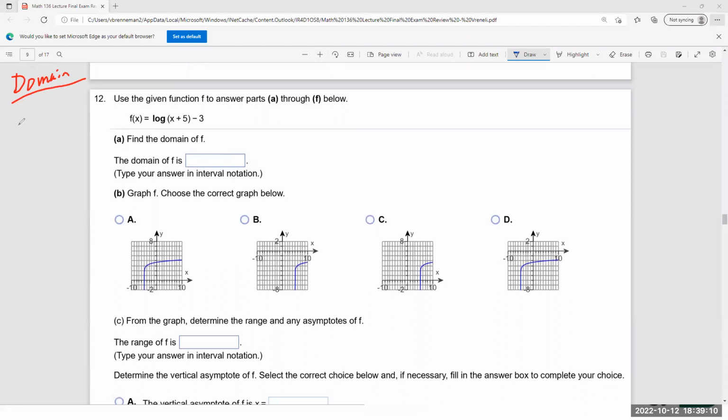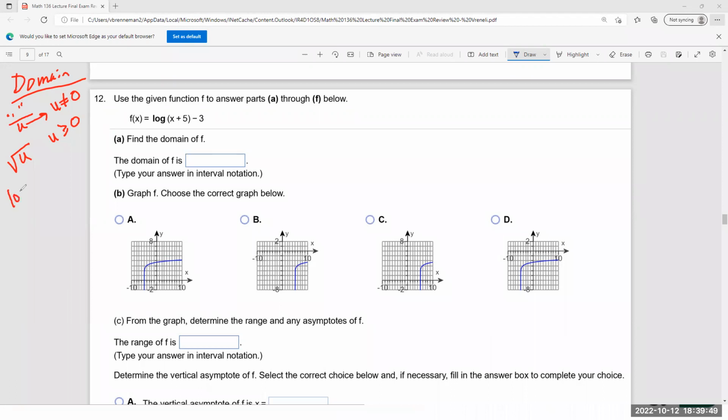If you have an expression on the denominator, then you need that to not equal 0. So that's where you'll have the not equals. If you have stuff inside of a square root, then you need whatever's inside the square root to be greater than or equal to 0. You can take the square root of 0. You can take the square root of positive values. You can't take the square root of negative numbers. So that's where you'd have the greater than or equal to or less than or equal to.